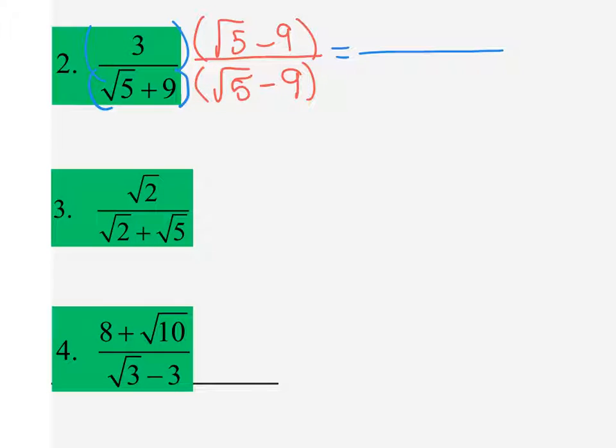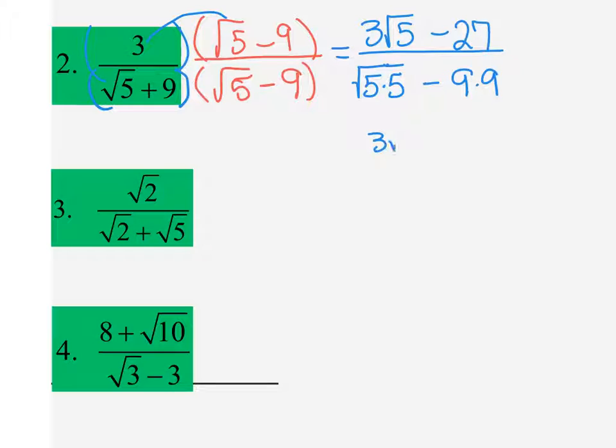The denominator, after we FOIL, we are going to be multiplying the first term, and we're going to be multiplying the second term. On the top, we're going to be doing the distributive property, which is 3 times the square root of 5 minus 27. Let's simplify this.